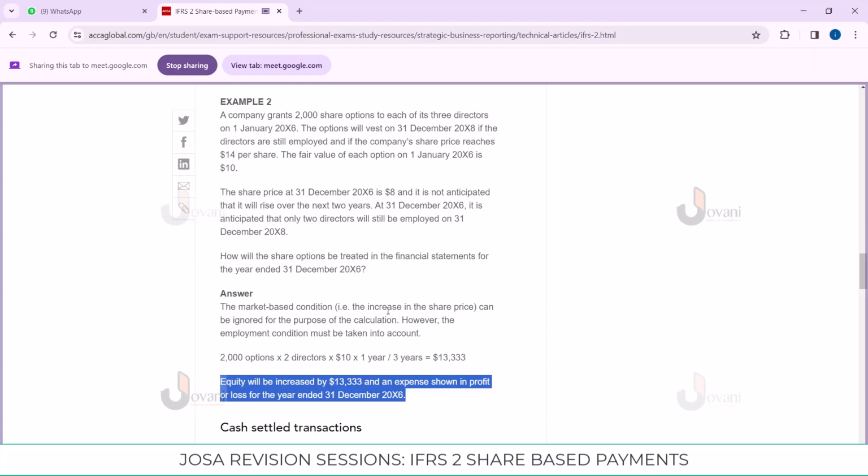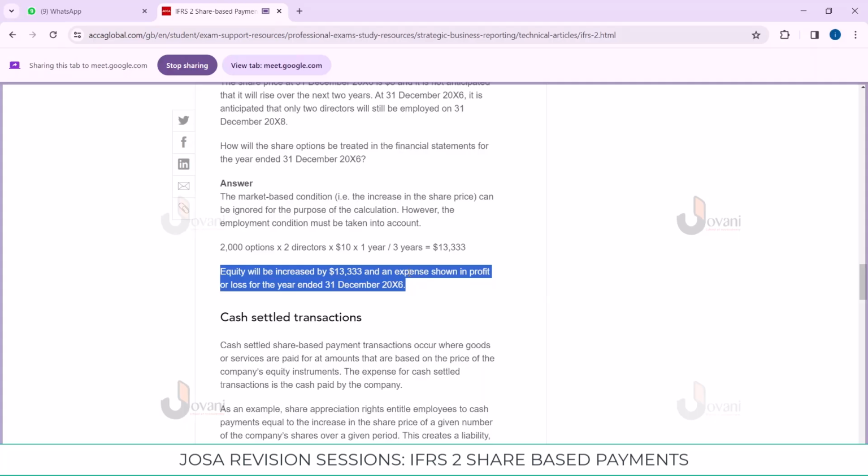And for them, trust me, if they are not met, then you do not have the right to expense. But if they are met, that's when that expense should be recognized. Is that clear? Or do I need to differentiate between market conditions and non-market conditions? Guys, is that okay? For me, it is okay.